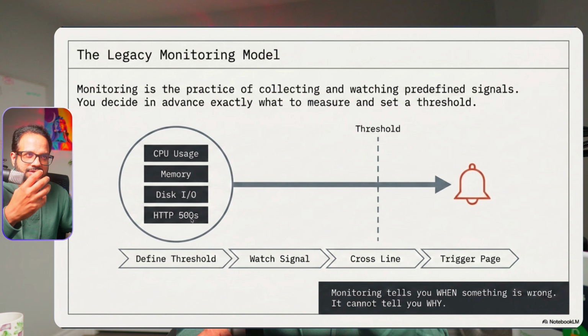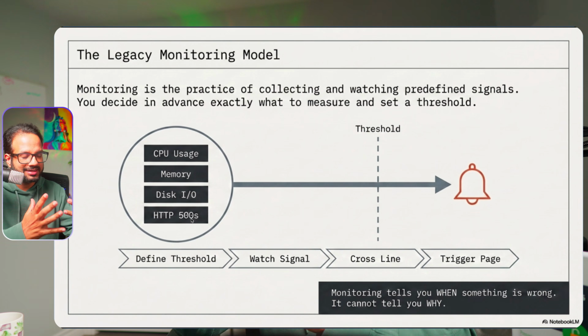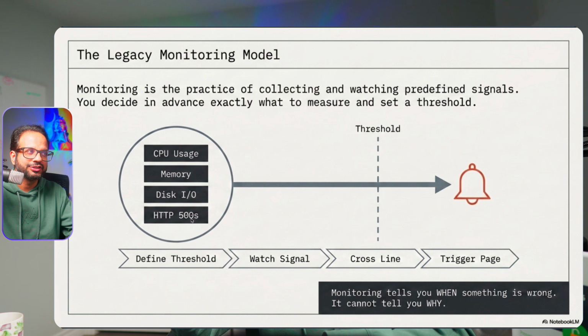So how does a legacy monitoring model work? Let's try to understand monitoring. Monitoring is the practice of collecting and watching predefined signals. These signals are around metrics like your CPU, memory, disk, your error messages, and a lot of other signals that are decided in advance, and it tells you exactly what to measure.